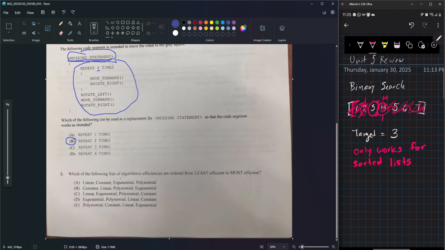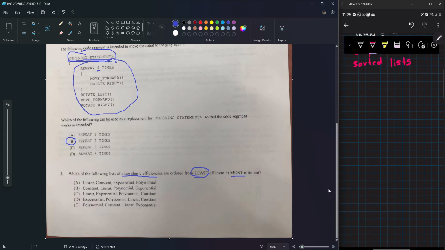Which are following lists of algorithmic efficiencies? So algorithmic efficiencies are ordered from least efficient to most efficient.